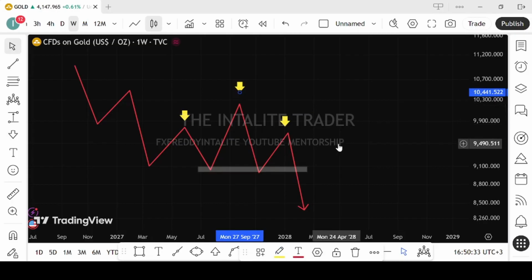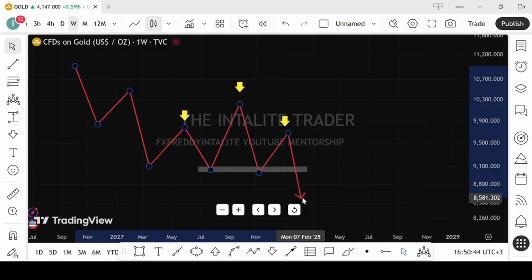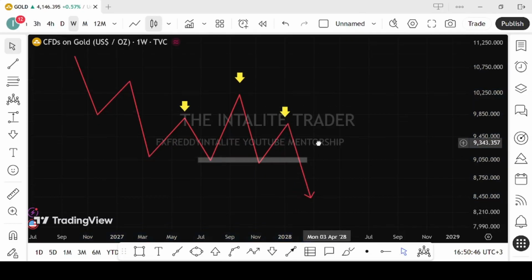And now the psychology behind this is, when you see price in a downtrend and it shows you a left shoulder, head and right shoulder pattern, it simply tells you that the market rested before continuing.